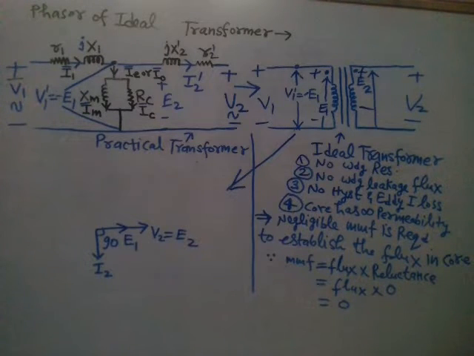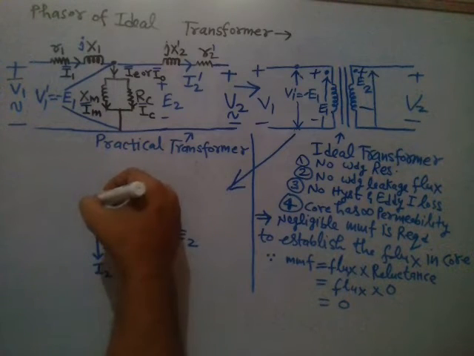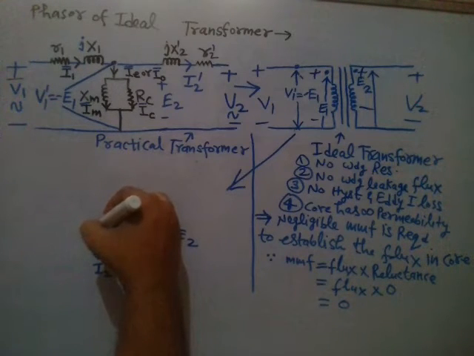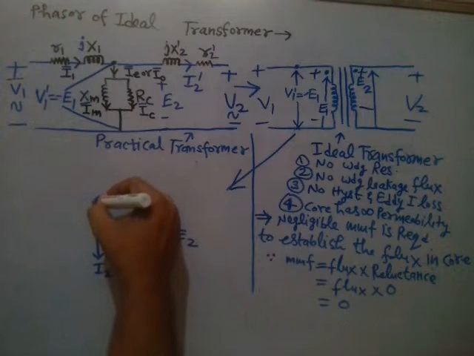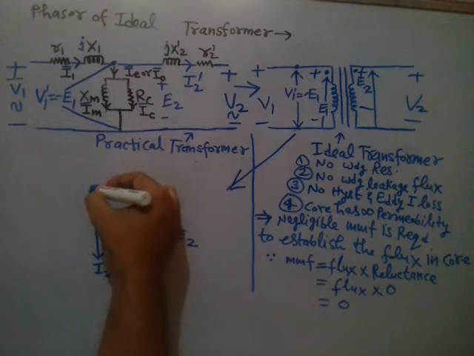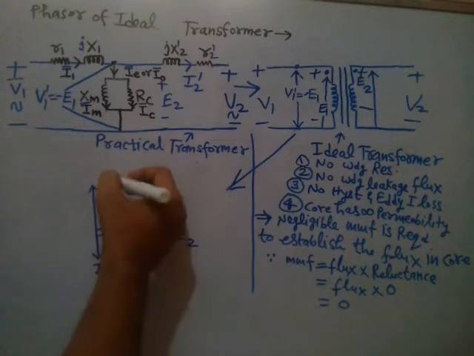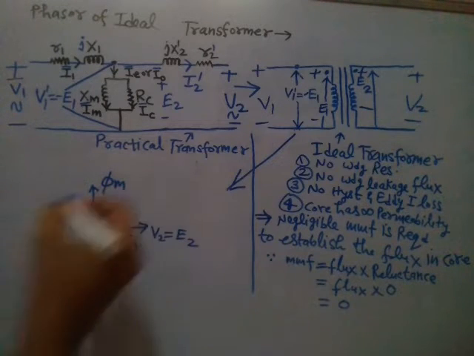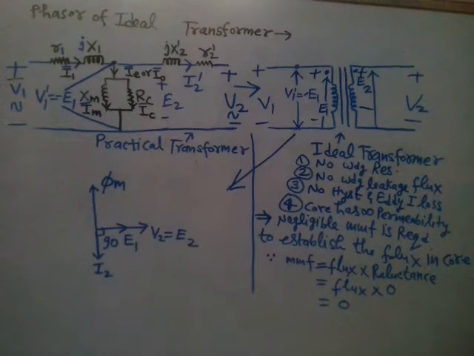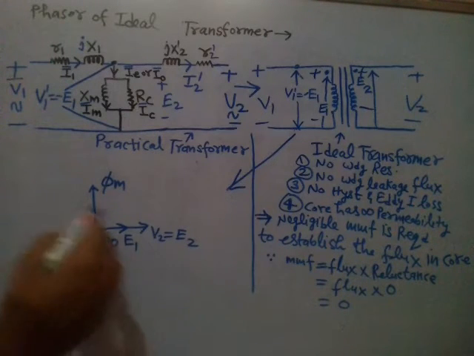In the next step, you know that flux and EMF are in phase quadrature, right? So just draw this mutual flux phi m. Phase quadrature means 90 degree phase difference between flux and EMF.